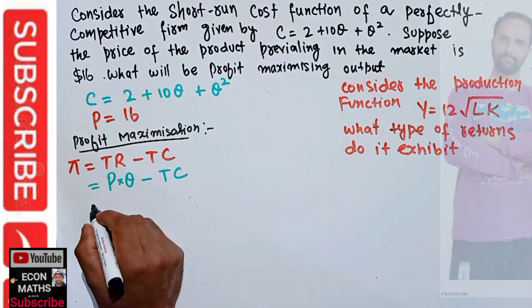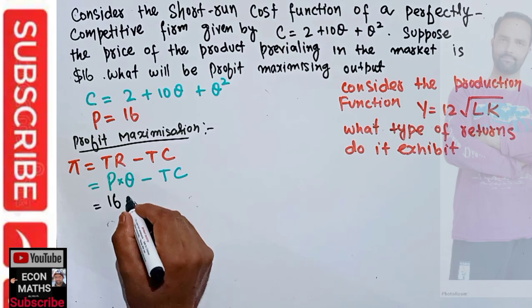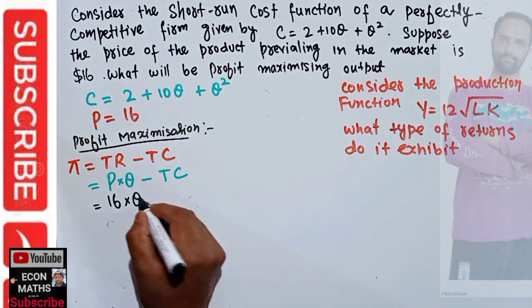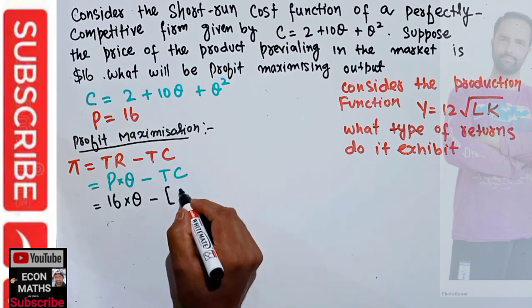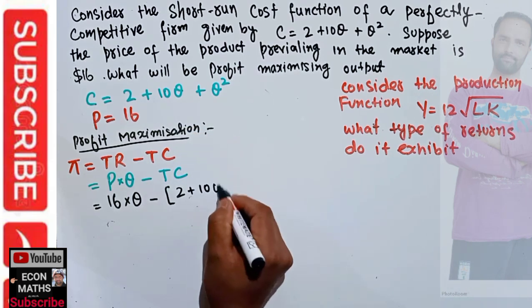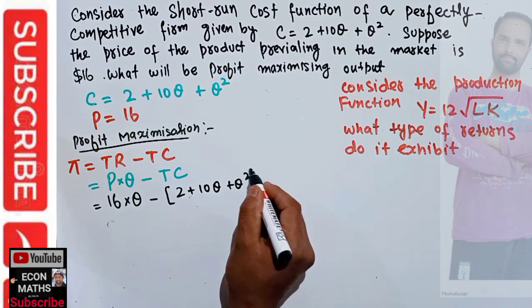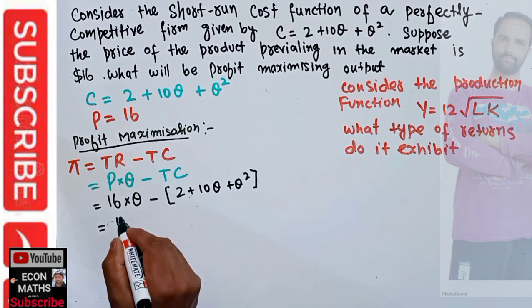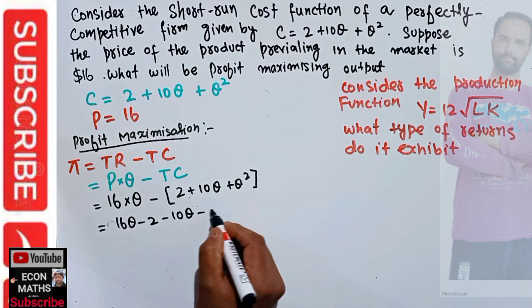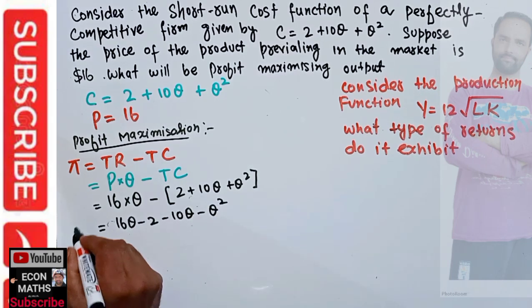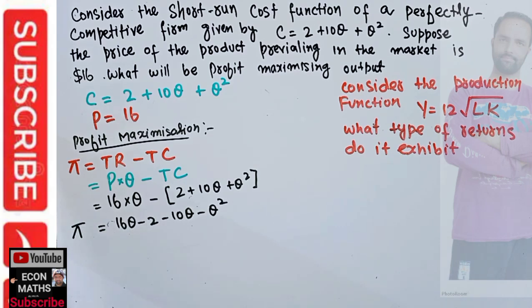Price is given as $16, so P times Q is 16Q, minus the total cost function 2 + 10Q + Q². Solving this, we have 16Q - 2 - 10Q - Q². This is our profit function.